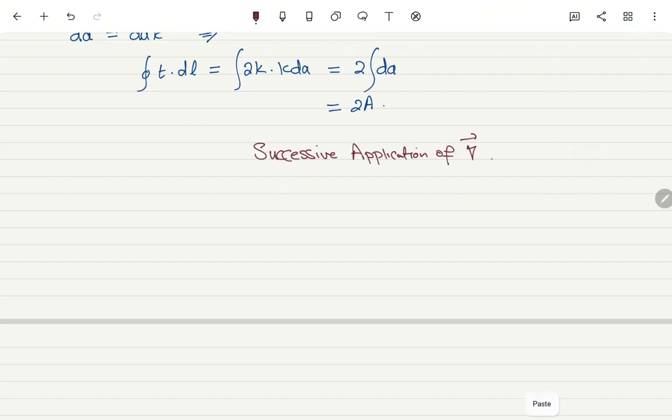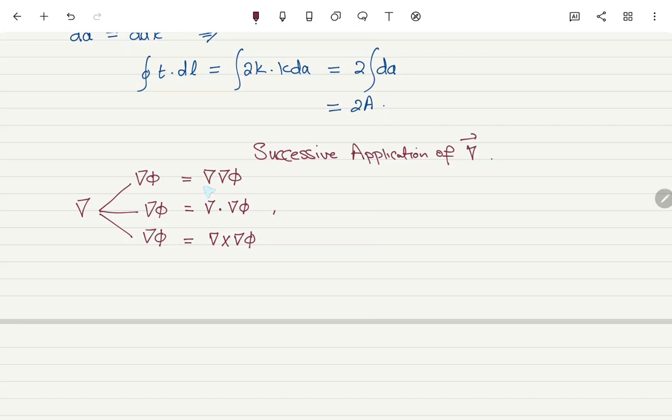The first application of del is on the gradient. If we apply the del operator on the gradient phi, we have three possibilities: we can apply del directly on the gradient, we can apply it with a dot, and we can apply it with a cross.